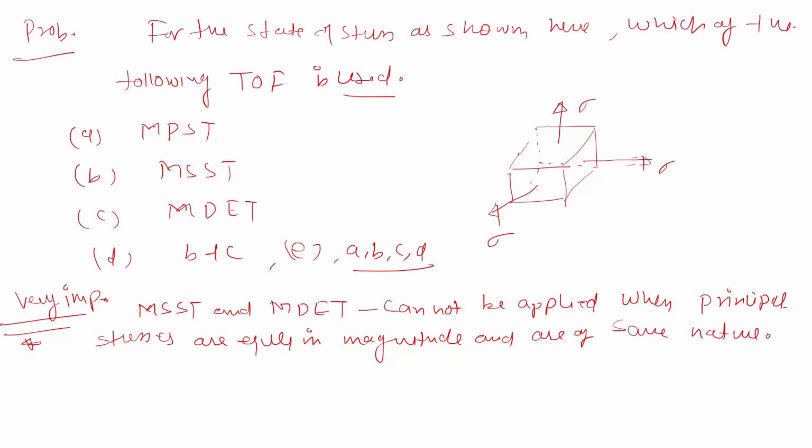It means all the principal stresses are equal in magnitude and same nature, either all of the stresses are compressive or all of the principal stresses are tensile and having the same magnitude. So in this case we cannot apply MSST and MDET.